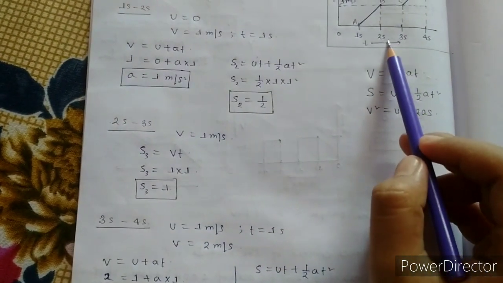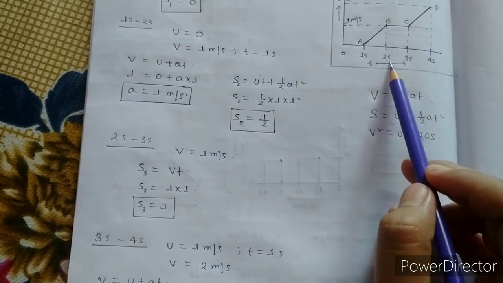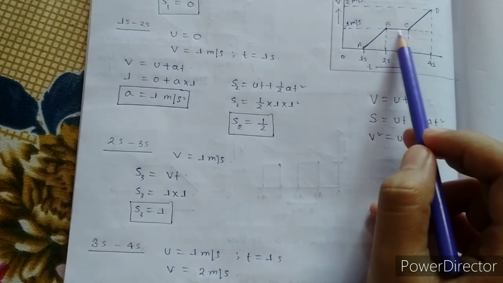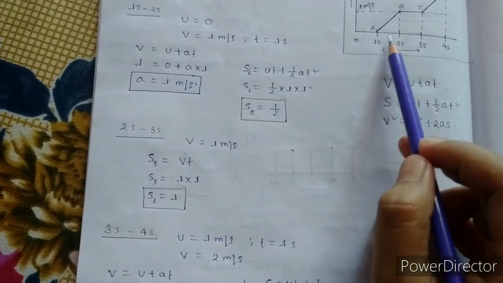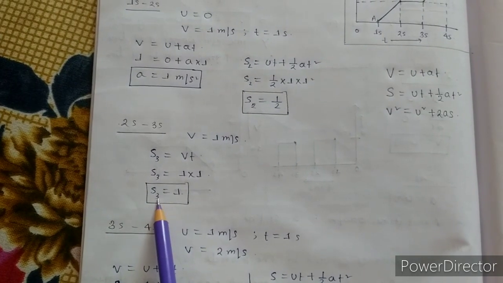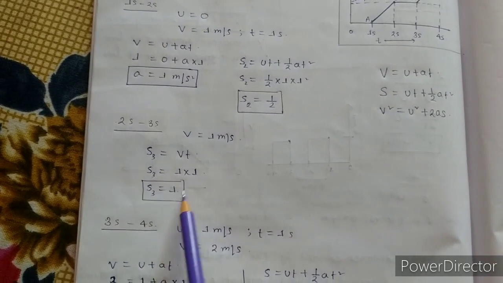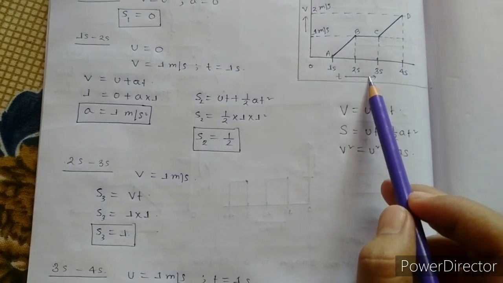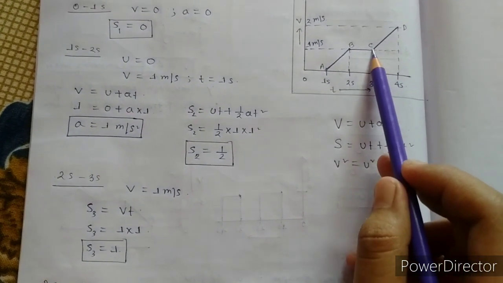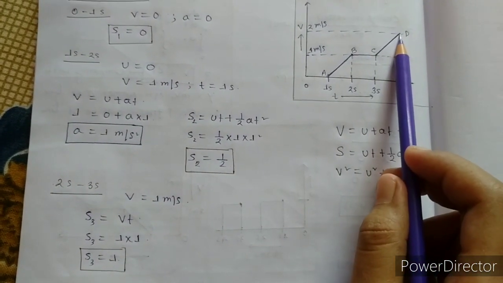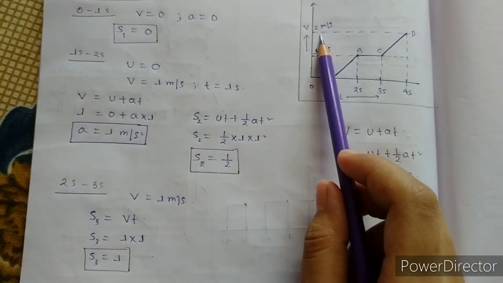Now in between 2 second and 3 second, the velocity of the particle is constant, that is 1 meter per second. So we get the distance covered by the particle s3 equals 1 meter. Now in between 3 second and 4 second, the initial velocity of the particle is 1 meter per second and the final velocity of the particle is 2 meter per second.